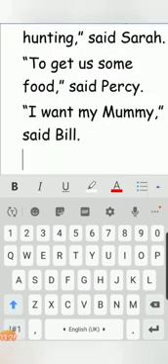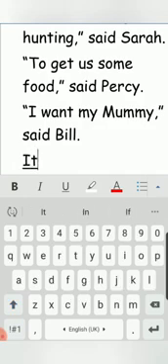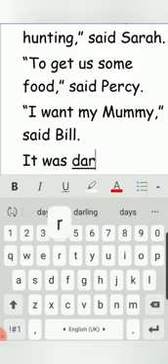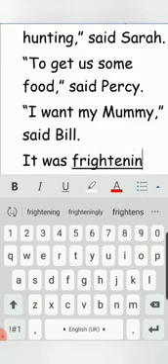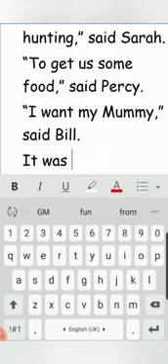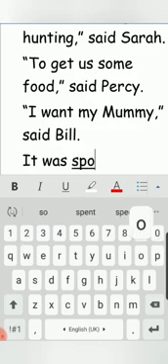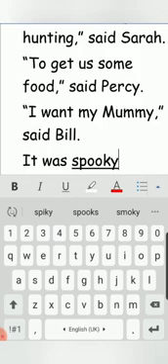Okay. I want to describe the wood a little bit, the forest. It was dark in the wood. Okay, let's go for that. Capital letter, it was. Now, we could write dark in the wood, or we can write it was frightening in the wood, or we could write it was spooky in the wood.